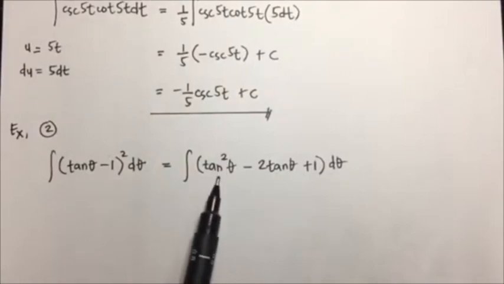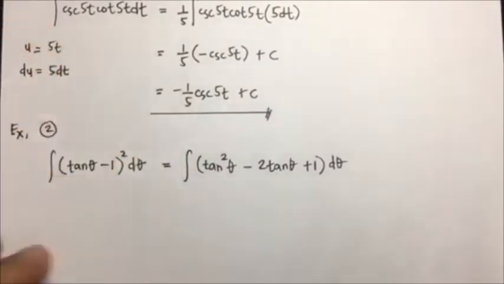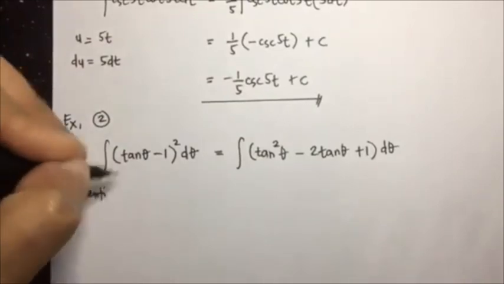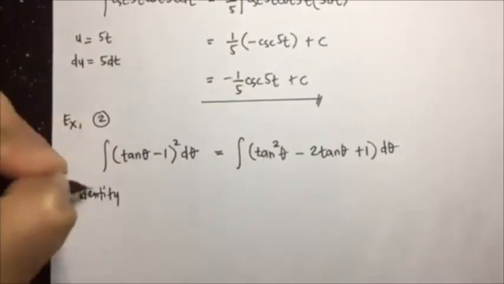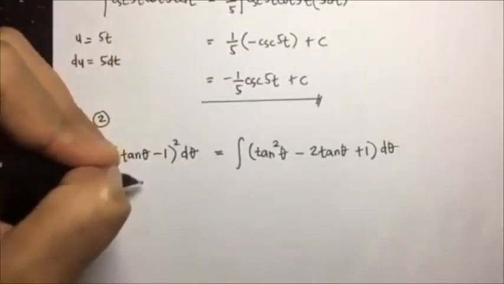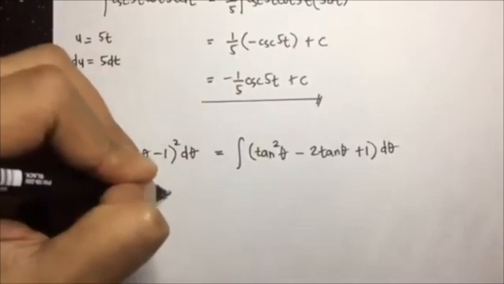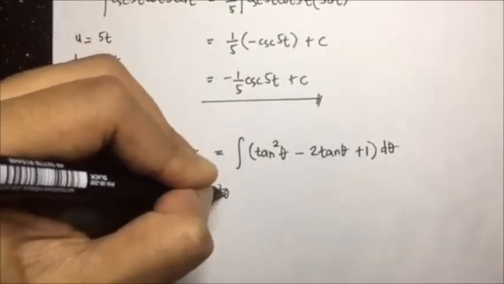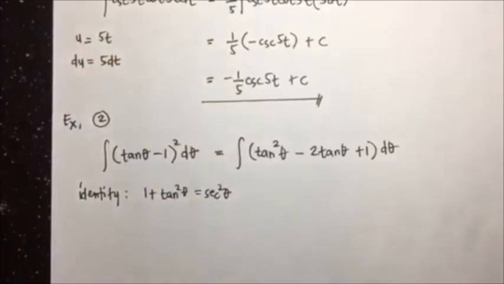But if we recall our identities, we have 1 plus tangent squared theta is equal to secant squared theta, right?